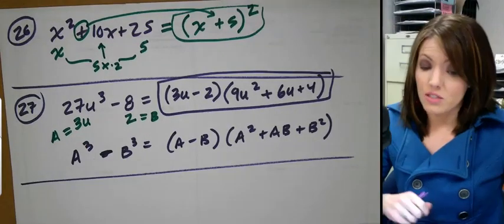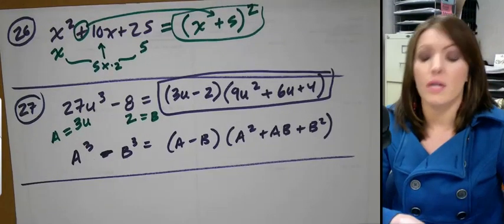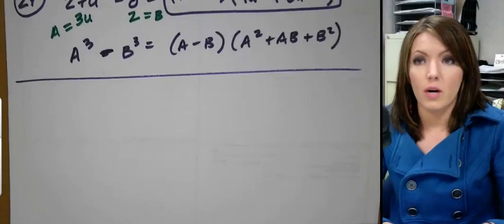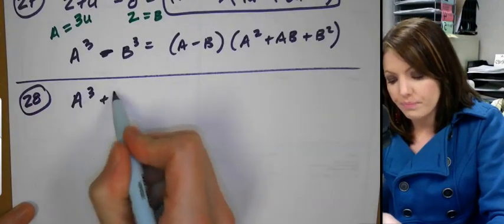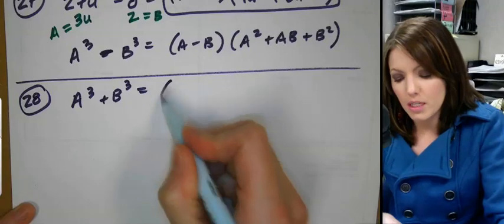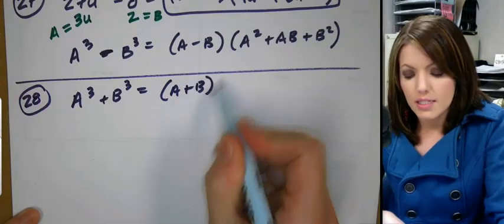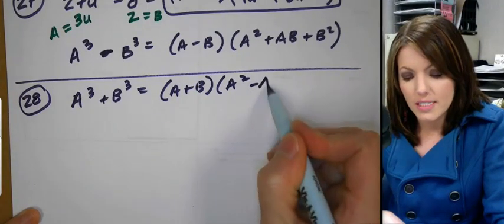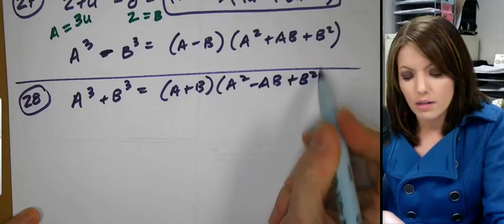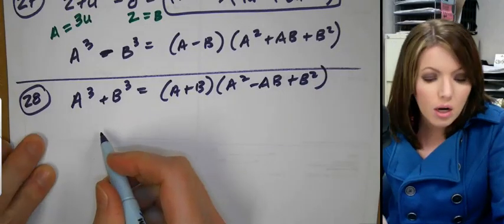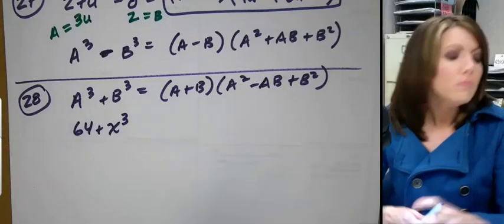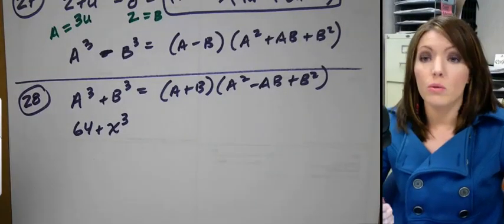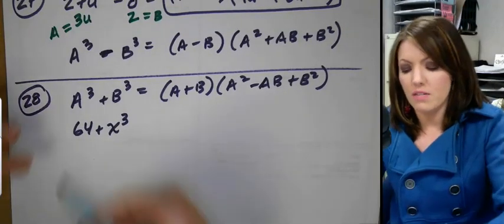Okay, next we have the other one. So remember I said there were two of these formulas to memorize. The second one is a cubed plus b cubed, which is a plus b times a squared minus ab plus b squared. And in this problem, we've got 64 plus x to the third power. Remember the a and b represent the cubic roots of each of the terms. The cubic root of 64 is 4.